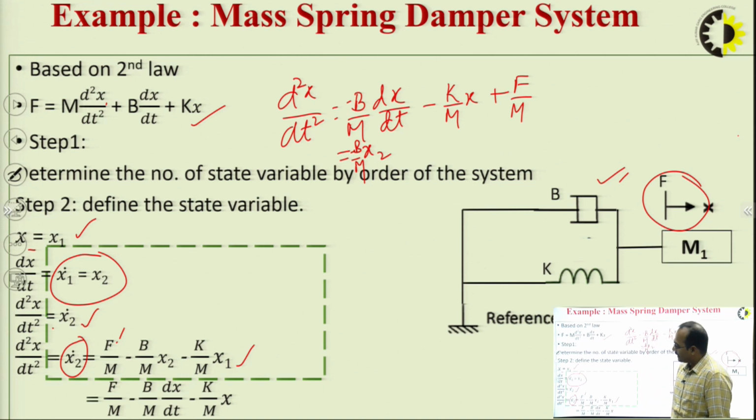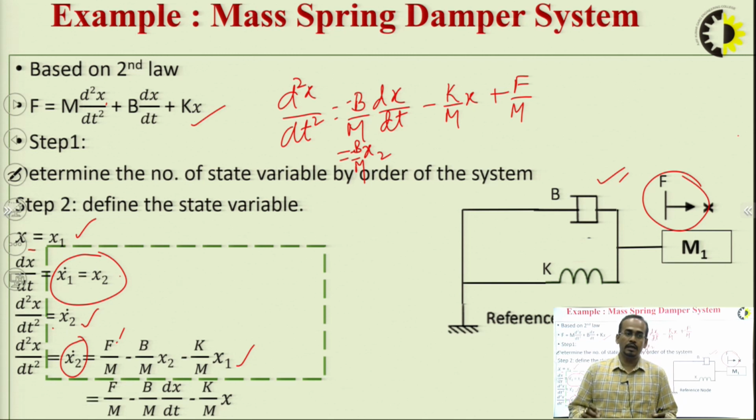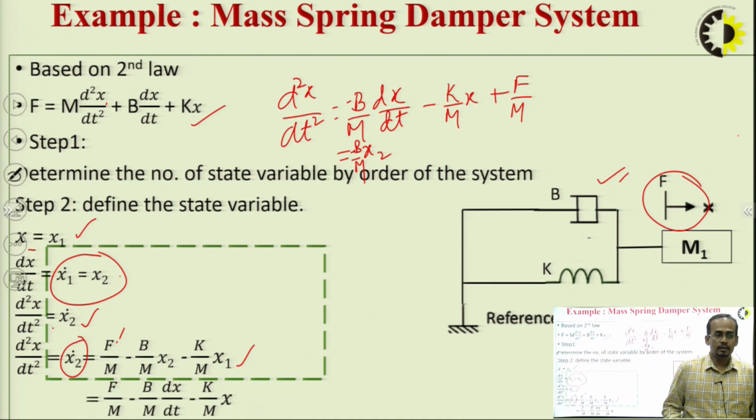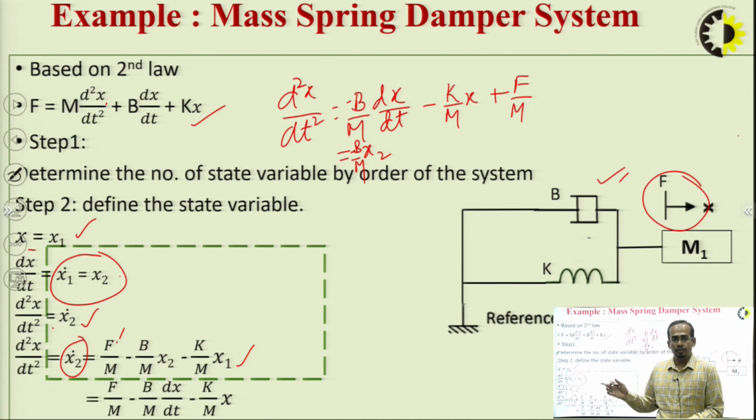So you can see here x1 dot is equal to x2 and x2 dot is equal to f by m minus b by m dx by dt minus k by m x. So you can easily write the state equations for second order. How can you find the values of a, b, c and d? We cannot find them here.